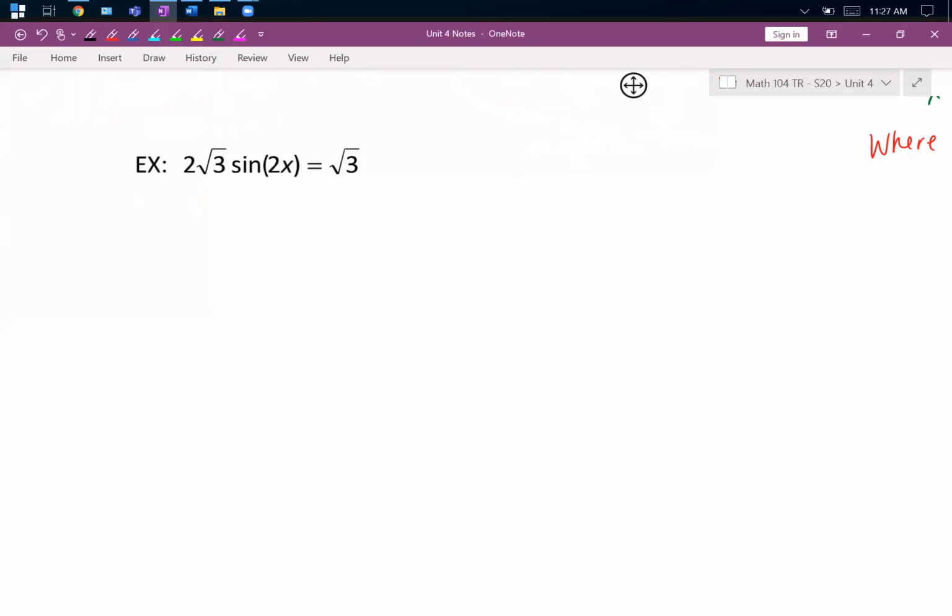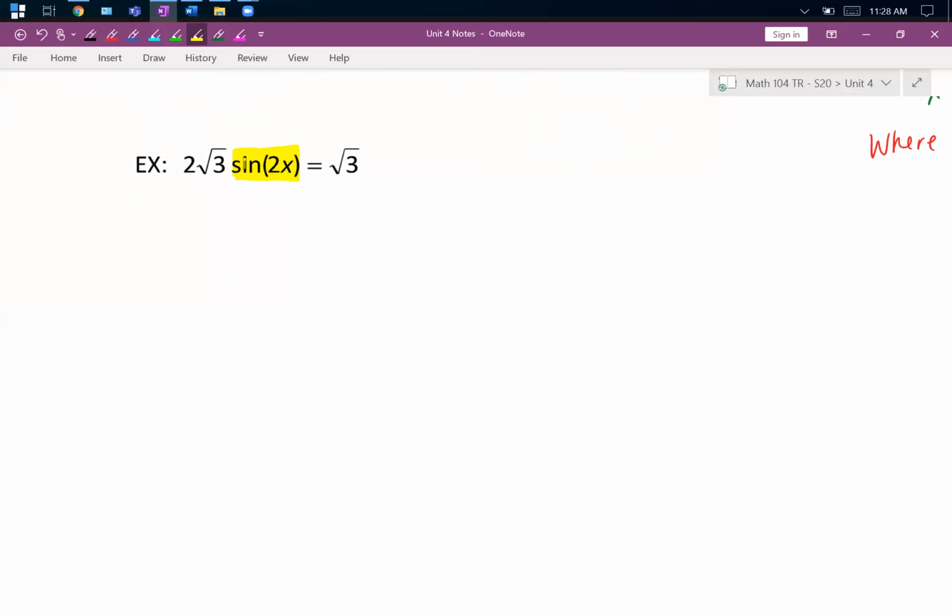So we have the first option is just to isolate the sine of 2x and use the inverse trig function without ever going to the double angle formula. Our other option is to use the double angle formula. And the double angle formula only gets substituted in for this part. So it doesn't matter if you move the 2 square root of 3 first or do your substitution first and then move the 2 square root of 3. Doesn't make a difference.